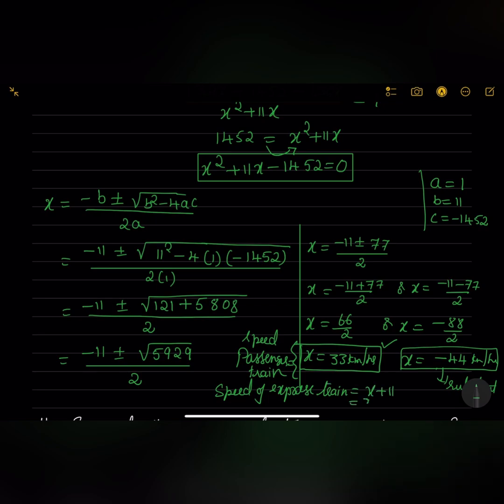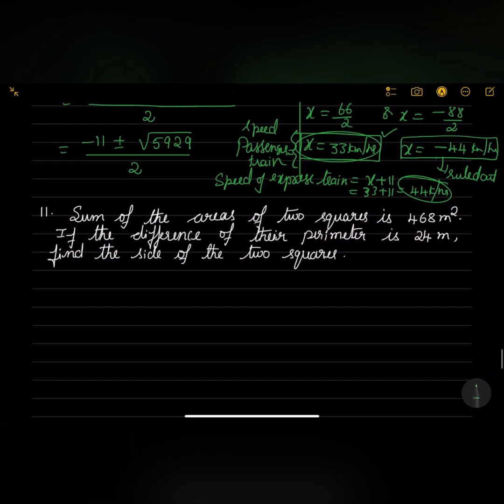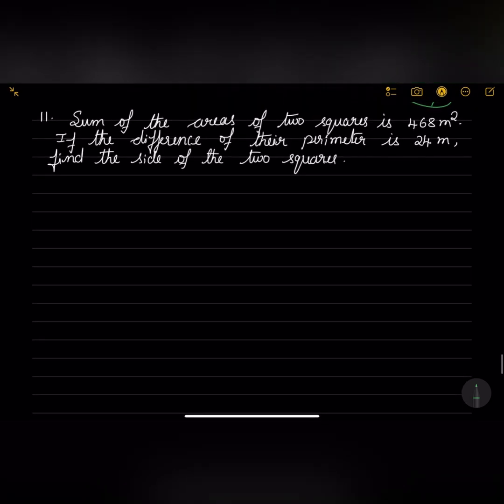So that is 33 plus 11. So it will be equal to 44 kilometers per hour. So this is the value of the speed of the express train, and this is the speed of the passenger train. Let us go for the last one of this exercise.